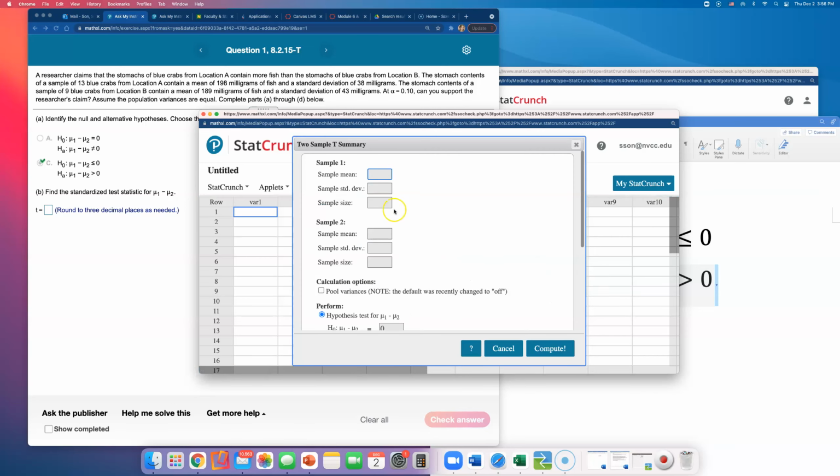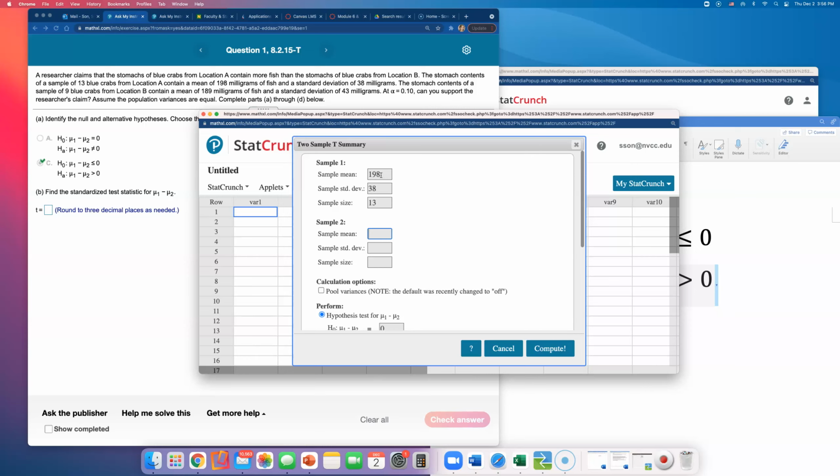So go right here. Now let's type everything in. For sample 1, the crabs from location A, the mean was 198, standard deviation was 38. Sample size was only 13, but they did mention the population was normal, did they? I hope they did.